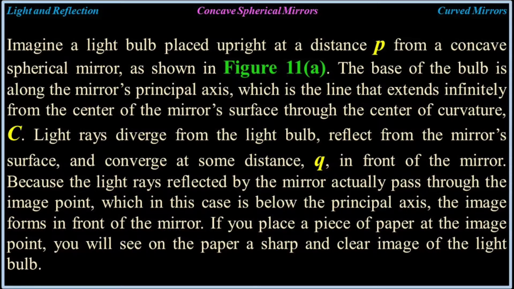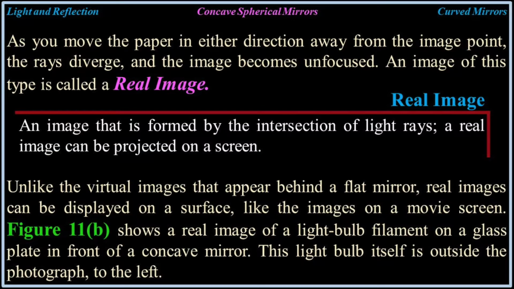If you place a piece of paper at the image point, you will see on the paper a sharp and clear image of the light bulb. As you move the paper in either direction away from the image point, the rays diverge and the image becomes unfocused.